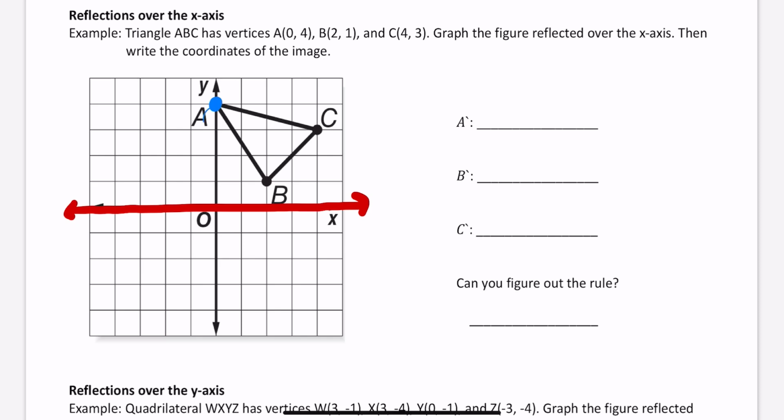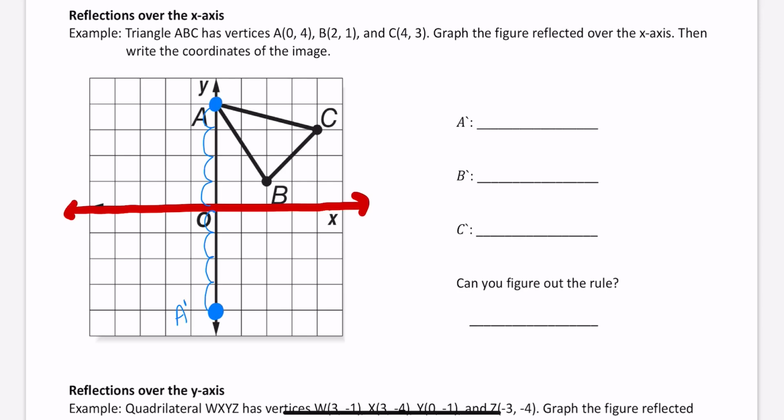So that is 1, 2, 3, 4 units away from the line we're reflecting it over. So now I'm going to start at the line and just count 1, 2, 3, 4 spaces away, and that's going to be where A prime goes.